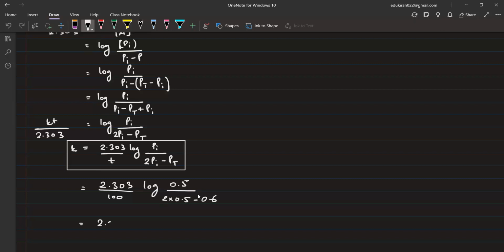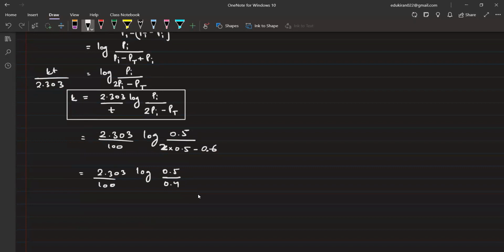So this will be equal to 2.303 divided by 100 log of 0.5 by 2 into 0.5 कितना हो जाएगा 1 minus 0.6. This will be 0.4. So इसको क्या लिख सकते हैं 2.303 divided by 100 log of 5 minus log 4.